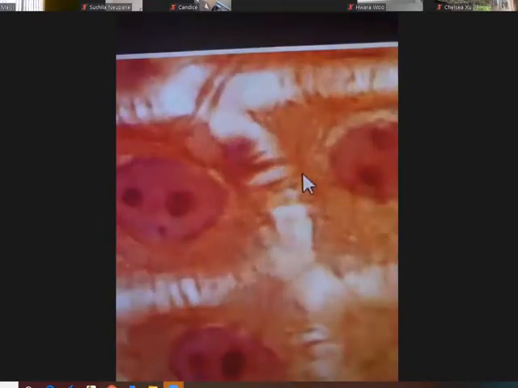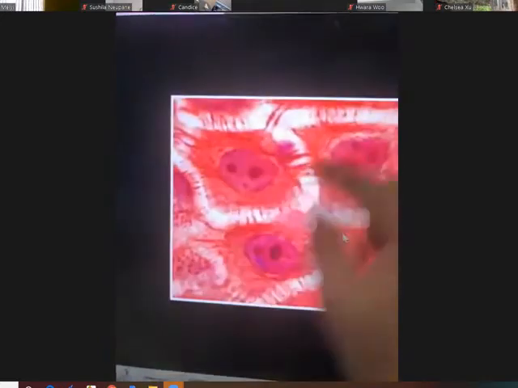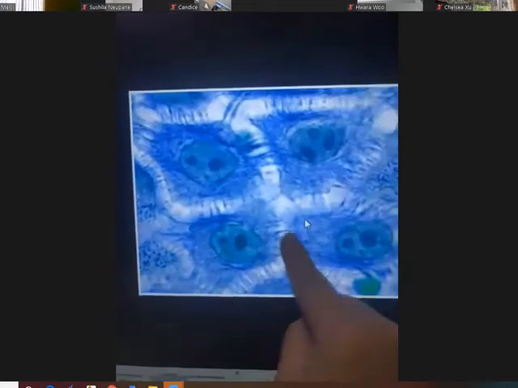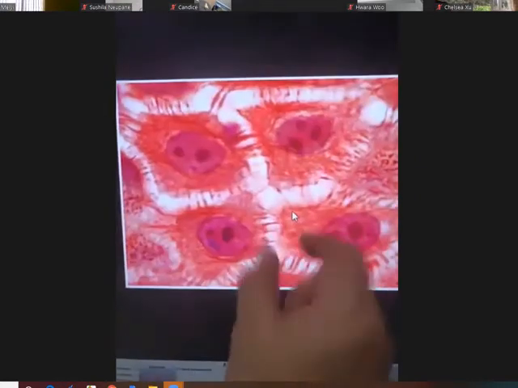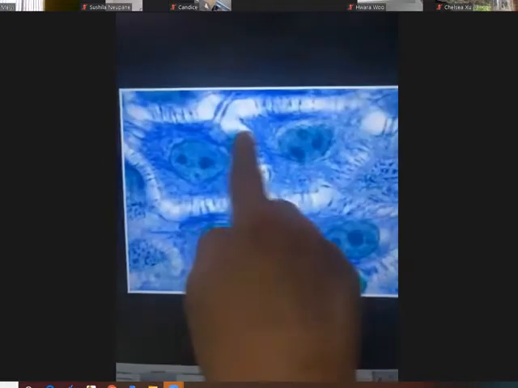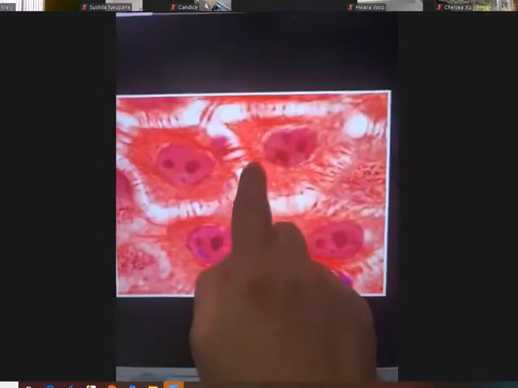You see these spine-like things? They join the cells together. That's why the cells bond to each other. They stick to each other because of the desmosomes. The spiny thing is called desmosomes.